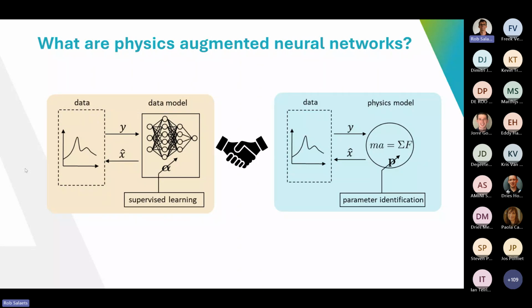How can you use your physical insight you have about your system together with these data-driven techniques? Already for quite some years, this has been a hot topic. And in all those different formulations of combining them, we have been using one of them more than others, and that's what we'll be talking about today. This is called physics-augmented neural networks.